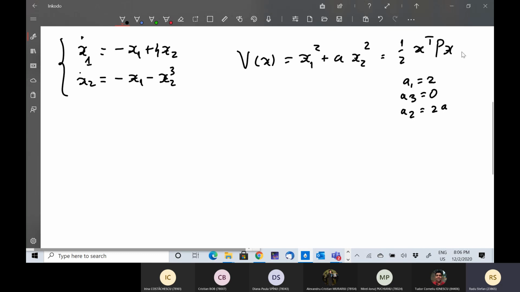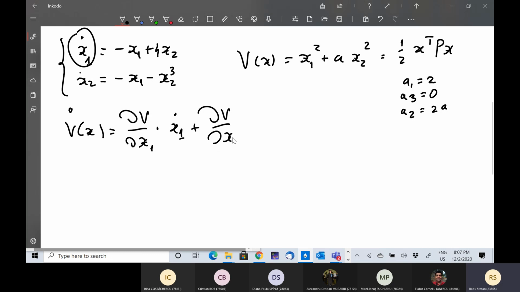If we look at this as a quadratic form. But to compute the derivative, again, very easy. V dot, we take the partial derivative with respect to x1 and multiply with the derivative of x1. Then we take the partial derivative with respect to x2 and multiply with the derivative of x2.